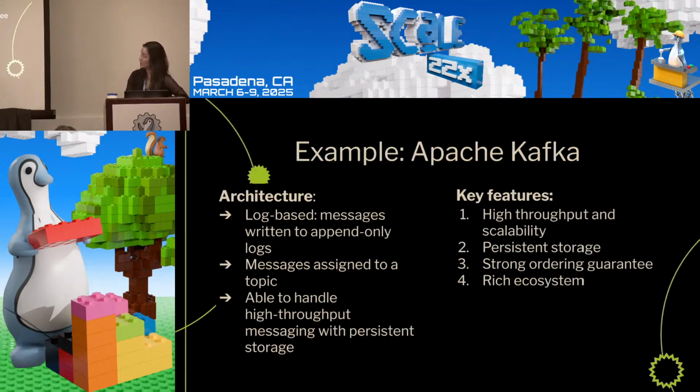The first one being Apache Kafka. If you've ever worked with streaming data or not, you might have heard of Kafka. It was originally developed at LinkedIn, and it's designed to handle high throughput real-time data streams reliably and at scale.